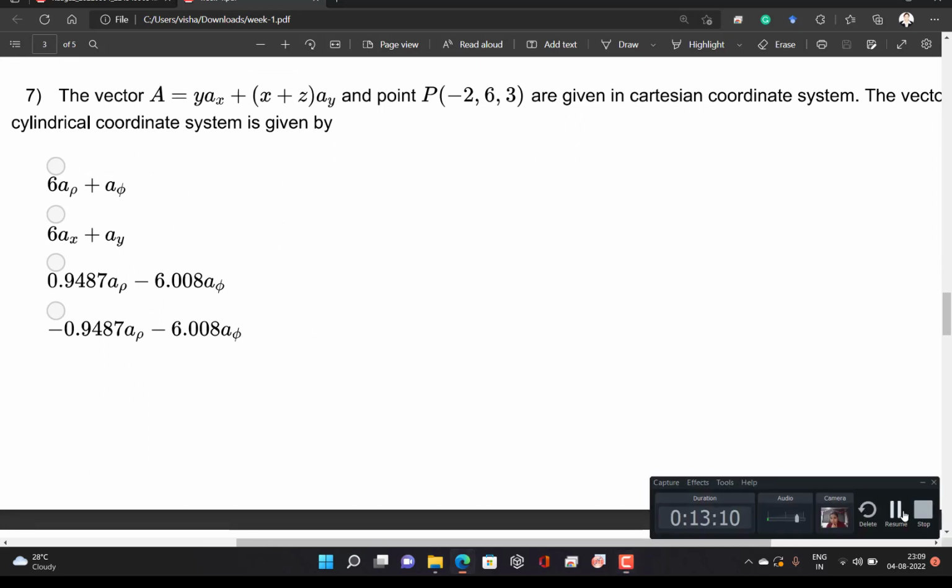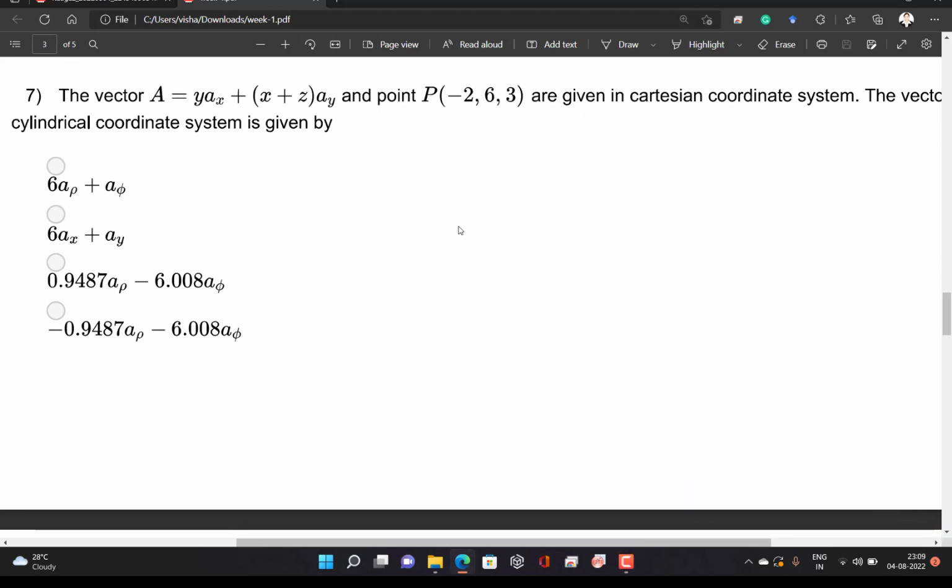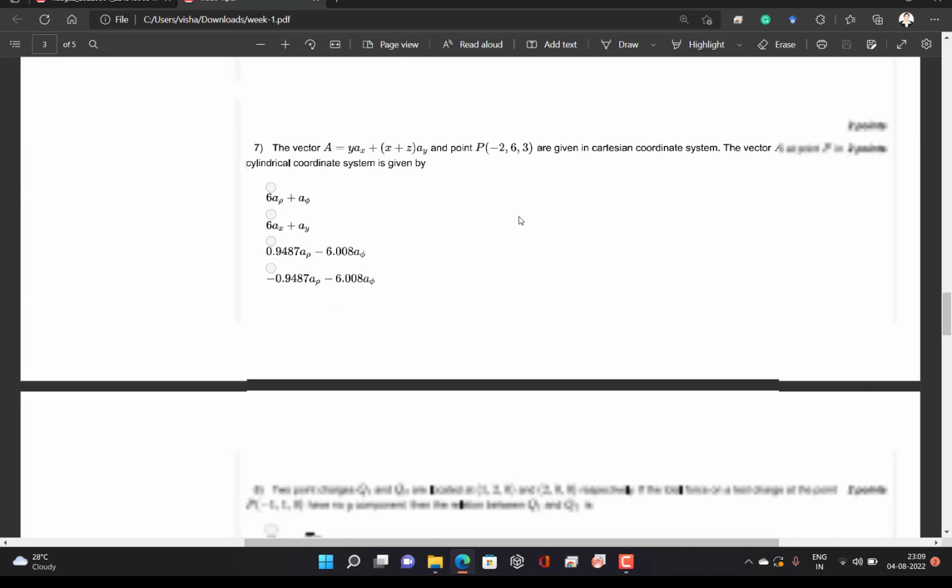Now let's solve question number 7. Here the vector A is equal to yax plus (x plus z) ay, and point P is (-2, 6, 3), given in the Cartesian coordinate system.